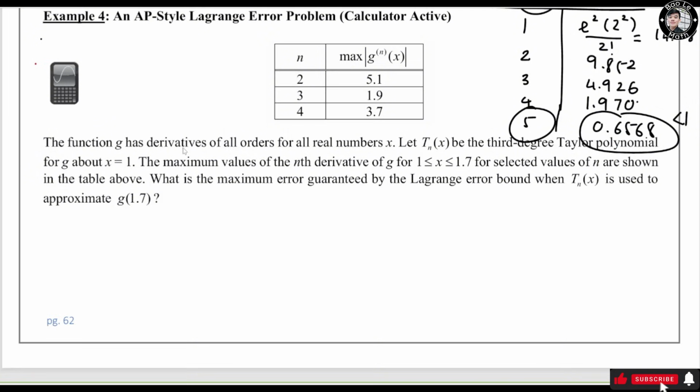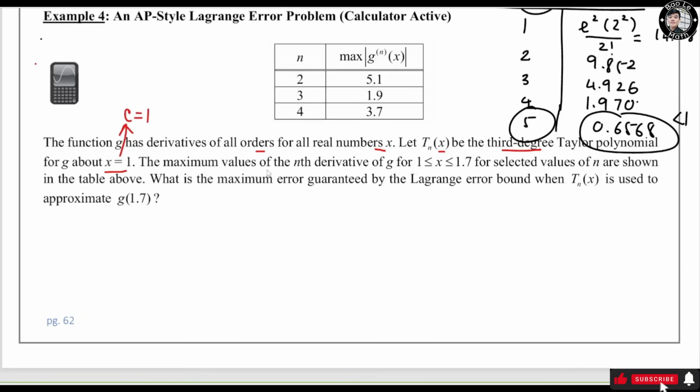The function g has derivatives of all orders for all real numbers s. Let t sub n of s be the third degree Taylor polynomial for g about s equals 1, so you have the center 1.